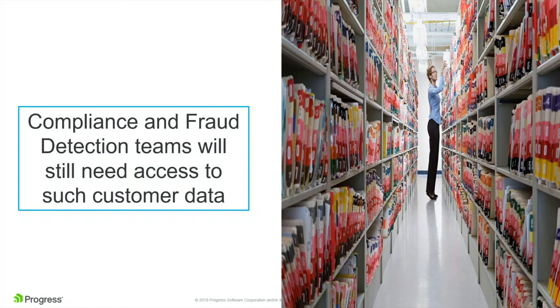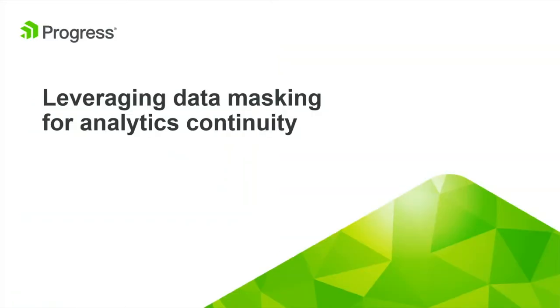Now, allowing one group access to such personal data while denying others could cause an organization to rewrite many of its IT systems. However, by dynamically masking PII items depending on the employee's role, existing systems and reports can continue without the need for amendment. So let's see how leveraging data masking can enable analytics continuity post GDPR.